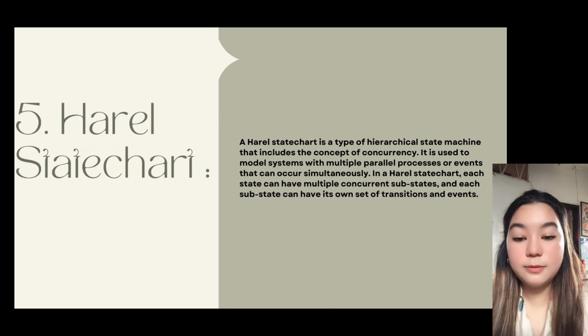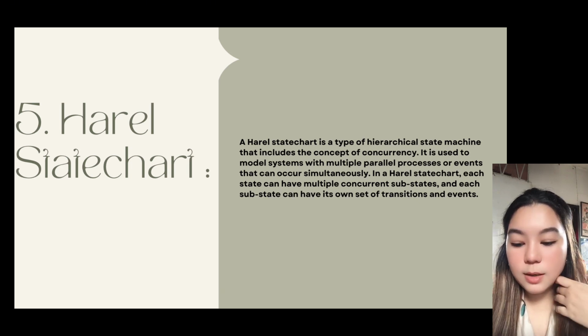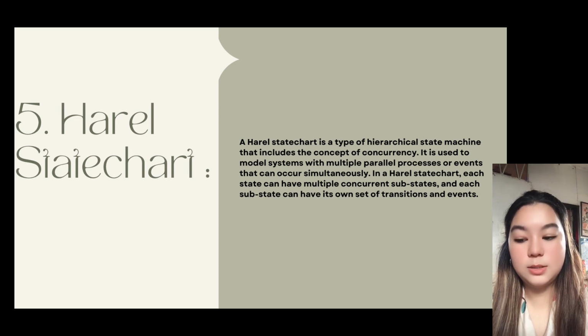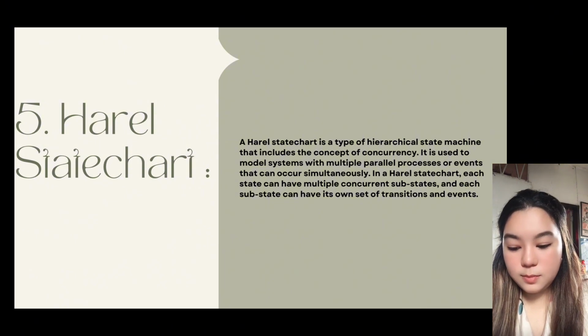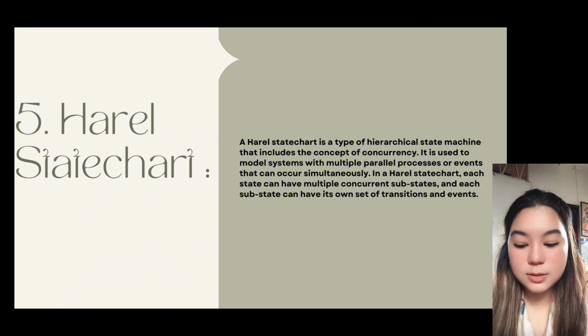And the fifth and the last type of state machine is the Harel statechart. This one is an extension of the hierarchical state machine that includes the concept of concurrency. It is used to model systems with multiple parallel processes or events that can occur simultaneously.